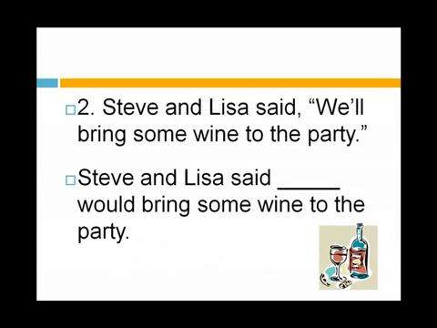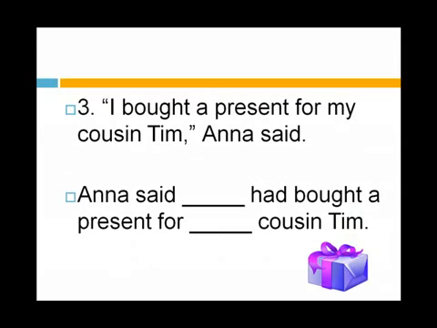Steve and Lisa said, "We'll bring some wine to the party." Answer. Steve and Lisa said they would bring some wine to the party. 3. "I bought a present for my cousin Tim," Anna said. Answer: Anna said she had bought a present for her cousin Tim.